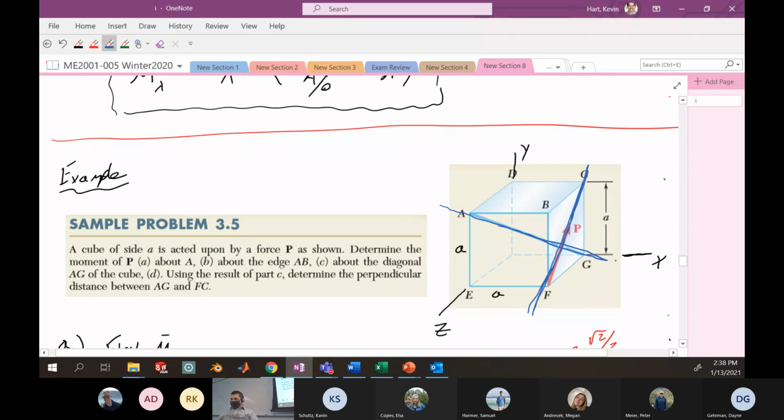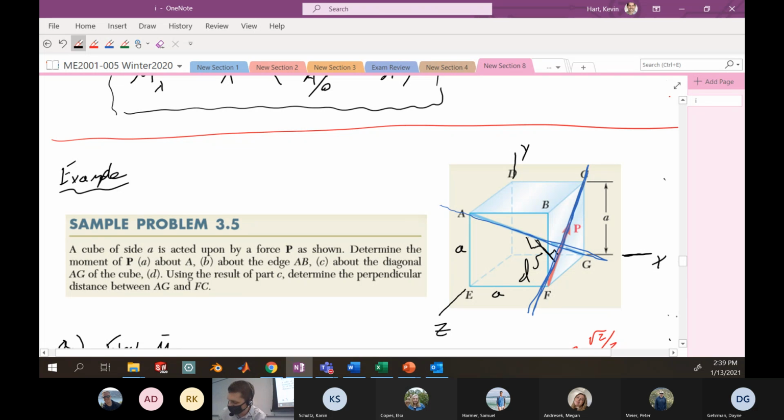Okay. So the shortest distance between these two particular lines of action is the distance D, which is a perpendicular distance between the two of them. A little bit difficult to envision here, but the perpendicular distance between them is the distance D. It's the shortest distance between the two of them.